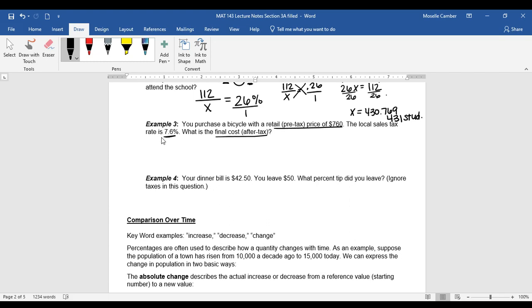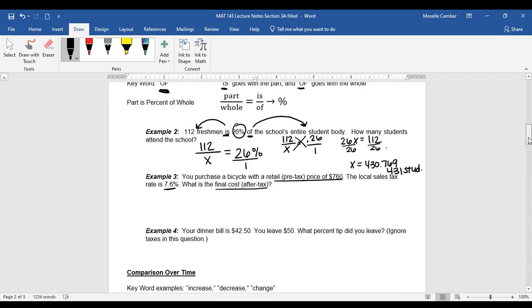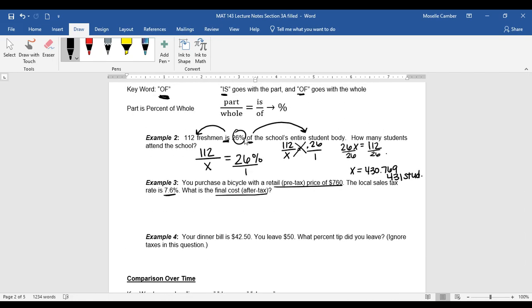We do have this word of here, but this is saying it's the retail price of $760. It's not like a percentage of something, whereas in this one here, we have a percent of the school's students. Okay, and here we just have a retail price of $760.